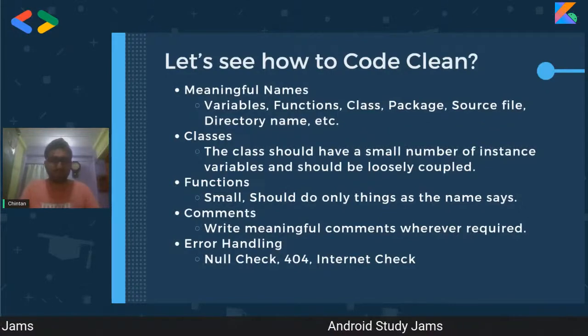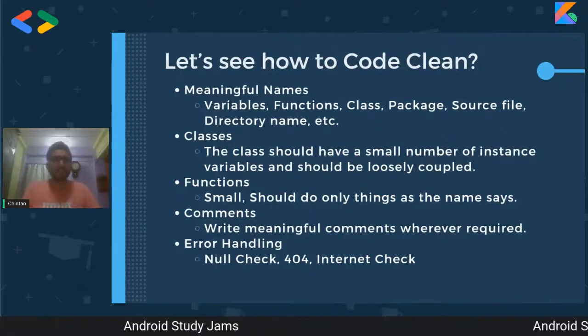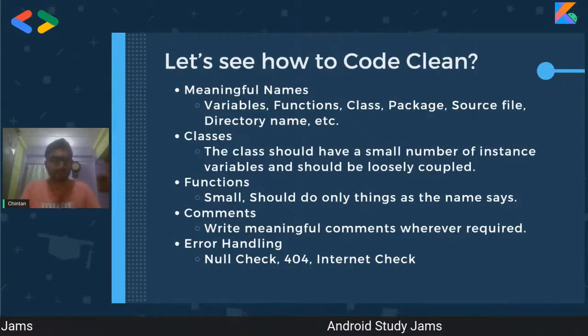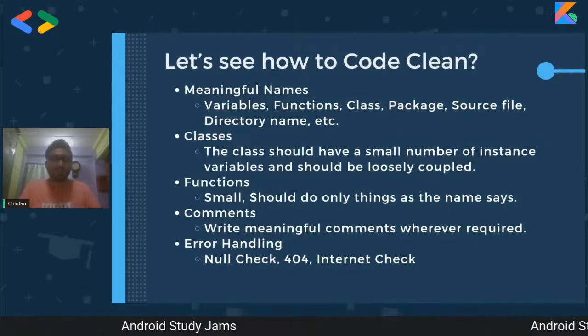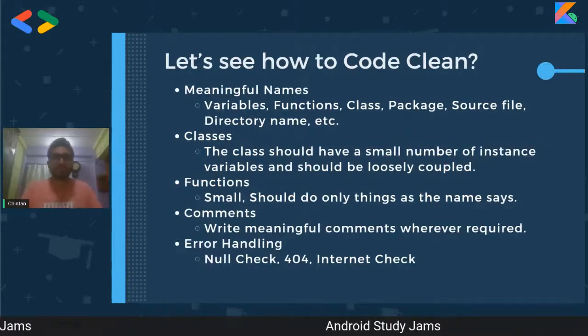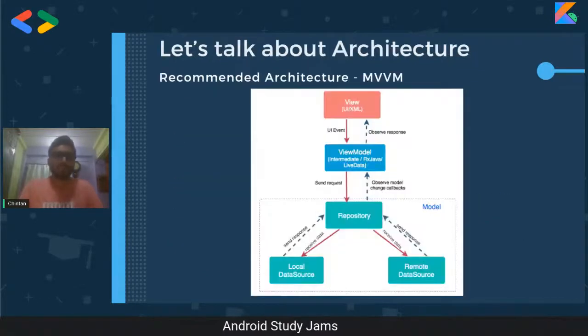You should always rectify where your error is coming from, and then you can keep an if condition, or in Kotlin, if you are using it, you can keep a let, or have non-null value conditions. So that is all about the clean code.